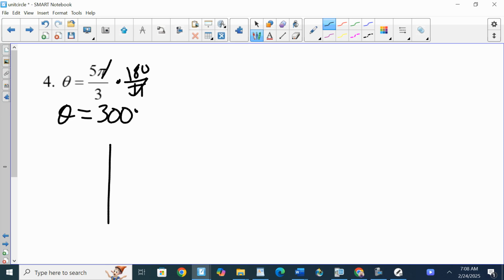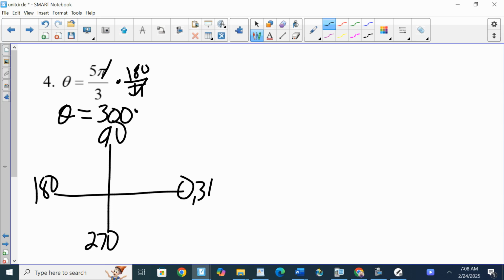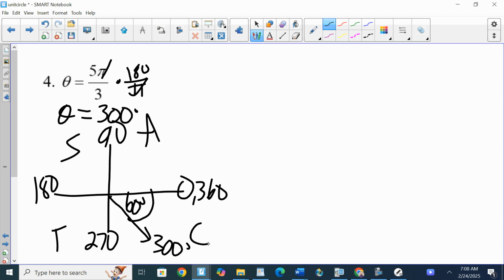So I sketch my angle, 0, 90, 180, 270, 360. 300 is here. Reference angle is 60. All students take calculus. So I know that I'm doing cosine of 300 comma sine of 300 because any point on the unit circle is cosine of theta comma sine theta.